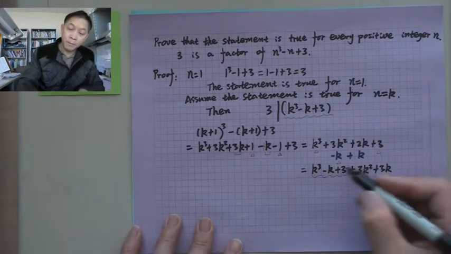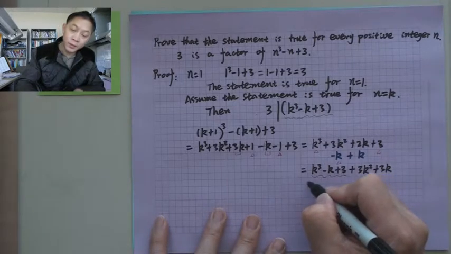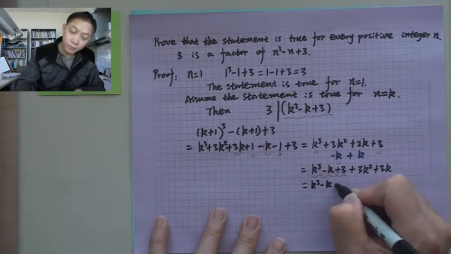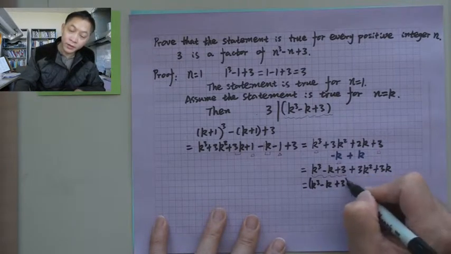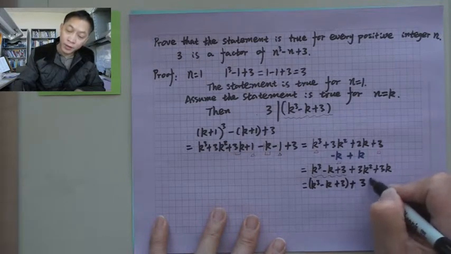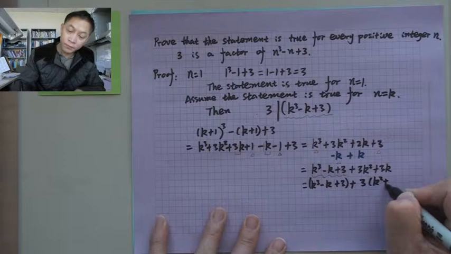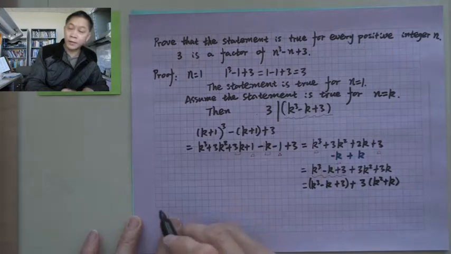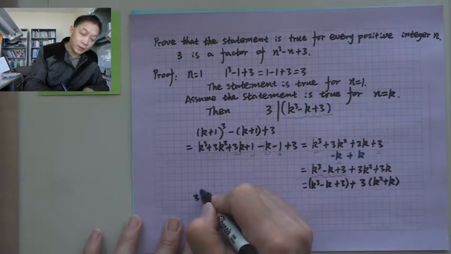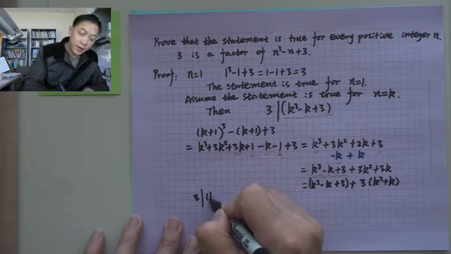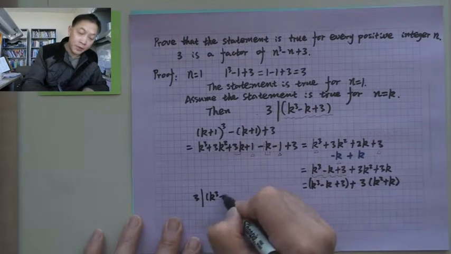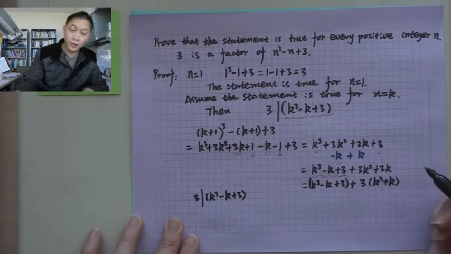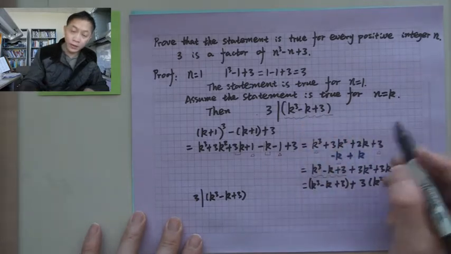Then you may write one more step. Put parentheses here, and you pull 3 out. Then you may write: 3 divides k cubed minus k plus 3, as we assume this is true. So you have to use this one.